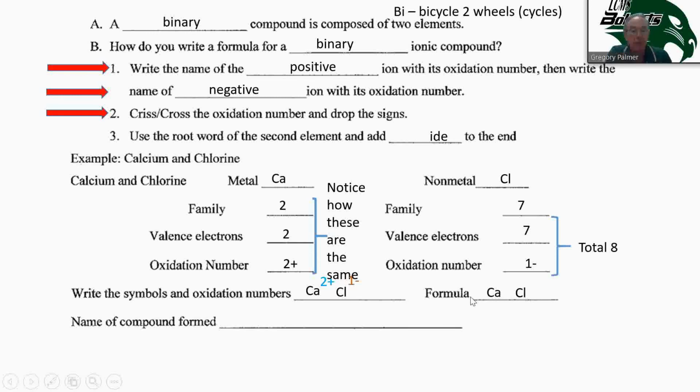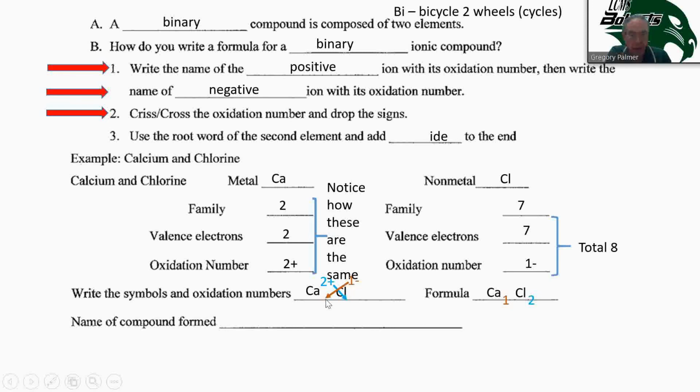I'm going to put the symbols over here. I want to show you what happens with this crisscross. So we're going to take the 2 and put it down there, next to the chlorine. So see where it went? Right there, next to the chlorine. And we're going to take the 1, and we're doing the crisscross, and we're going to put it down over here by the calcium. That's it.